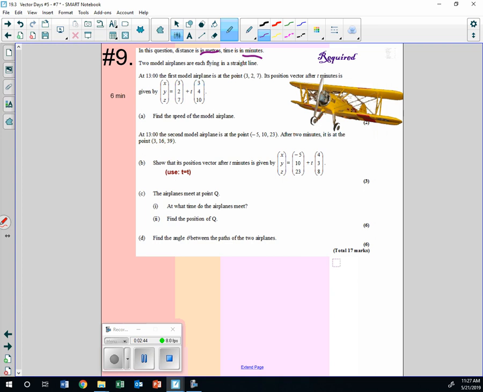The first airplane is at point 3, 2, 7. Okay, so this is the start point. This is from Abby to a point on the path of the plane. This 3, 4, 10 is the direction vector, which helps us to find the speed.